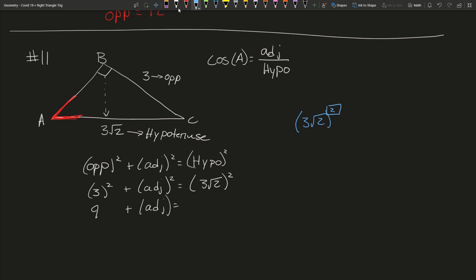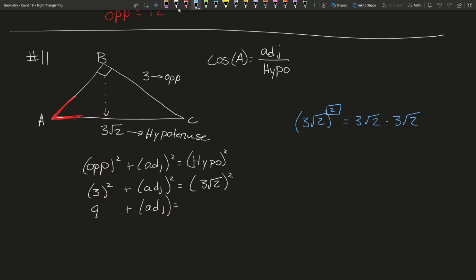Okay, so we can rewrite 3 root 2 squared as 3 root 2 times 3 root 2. Okay, and then we just combine like terms.